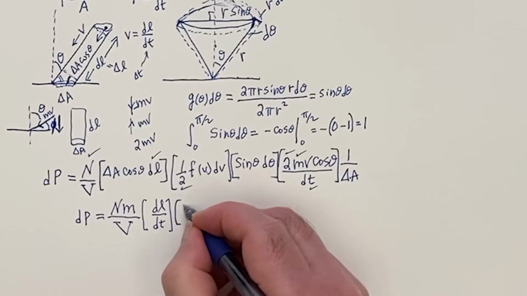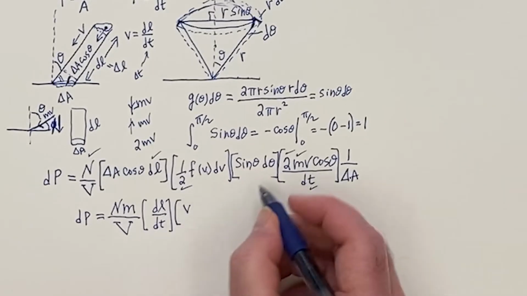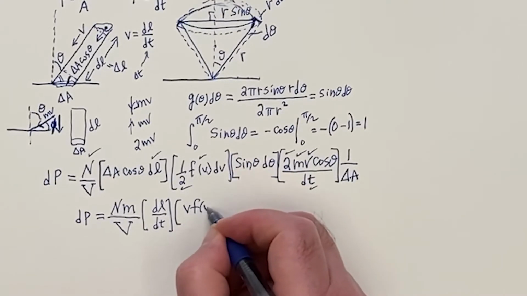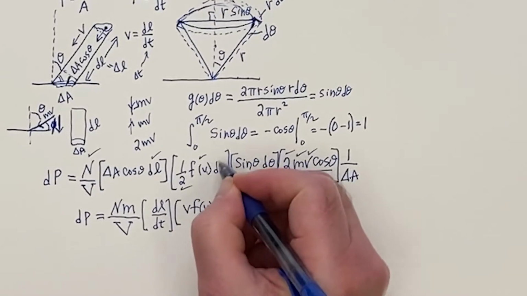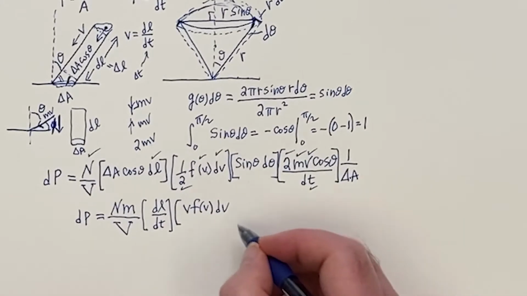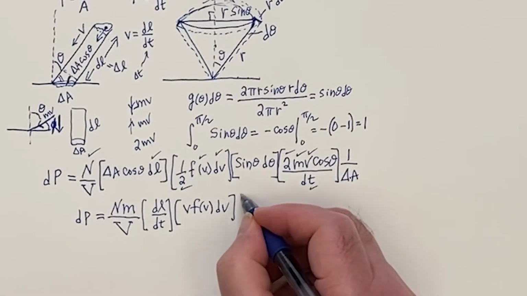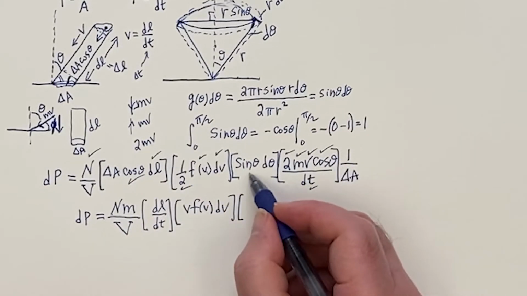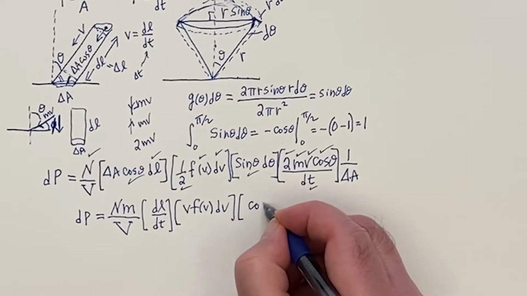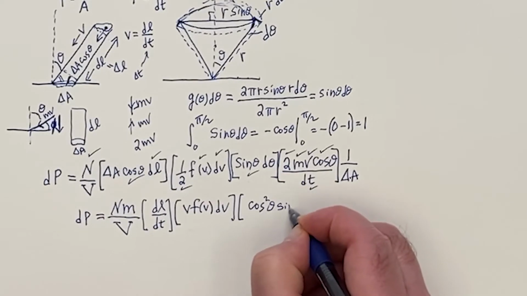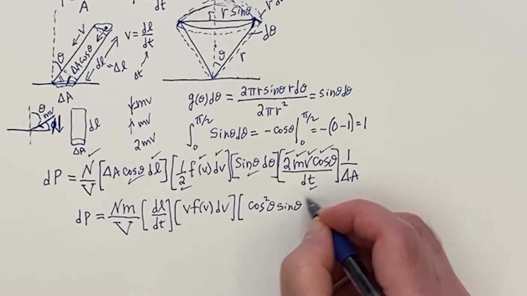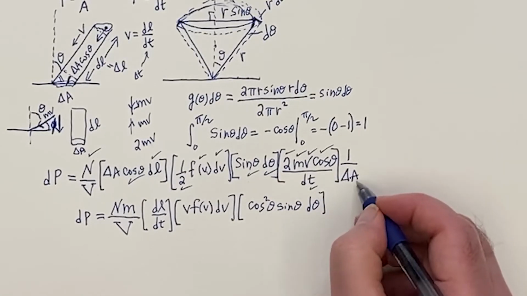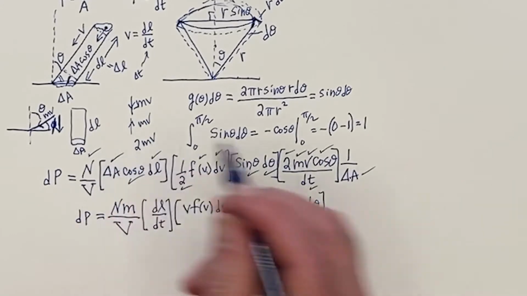Then here we would have v from over here, and then f of v dv takes care of that. And then over here, angle stuff, we have a cosine and a cosine and a sine. So we would have a cosine squared sine and the d theta. And the last thing here, this delta A, they cancel.